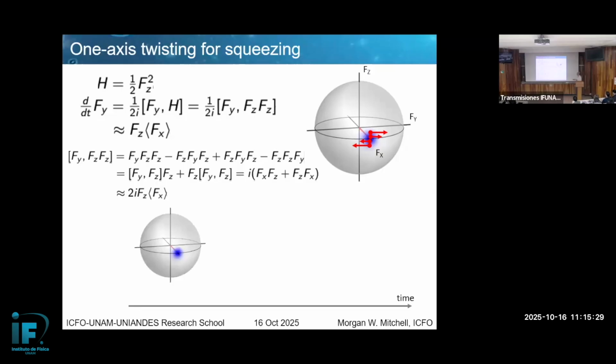And so that allows us to create a shearing of the probability distribution so that it goes from this toward increasingly sheared distributions. And so that then creates a squeezing. The component that is squeezed is this one where it's narrow. The one that's anti-squeezed is this one where it's extra wide.